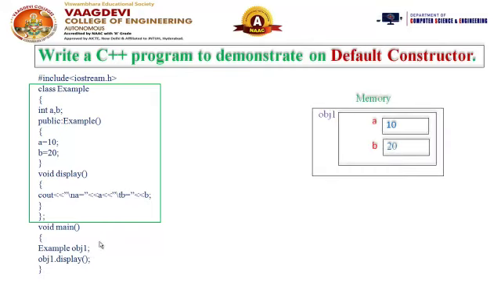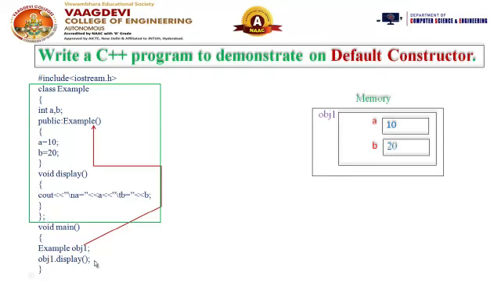As a result, it calls the constructor automatically for the obj1 object, where the data members of obj1, that is A and B, are initialized with the values 10 and 20. The statement obj1.display calls the display member function which is present in the class and prints the values of all data members of obj1 on the monitor.